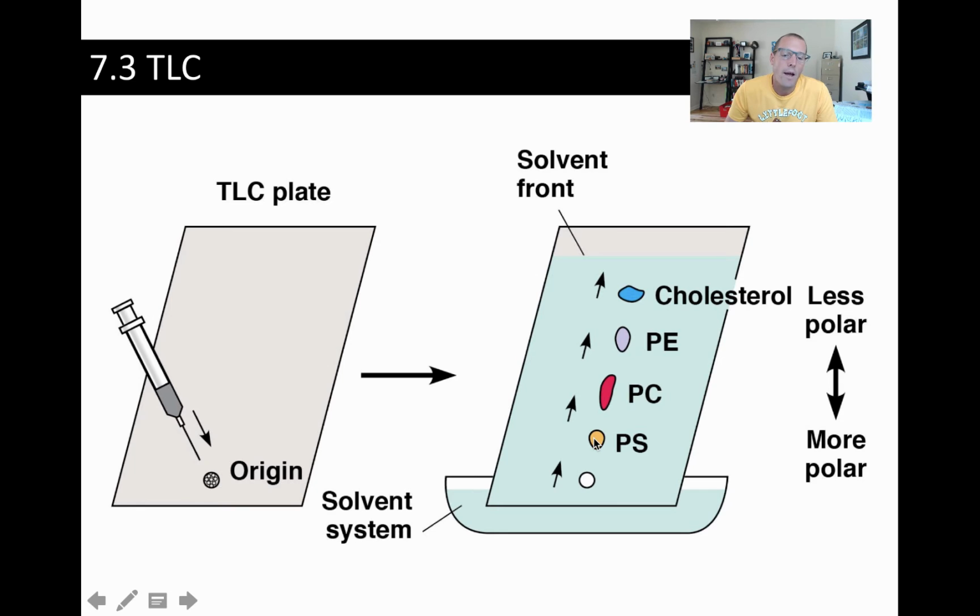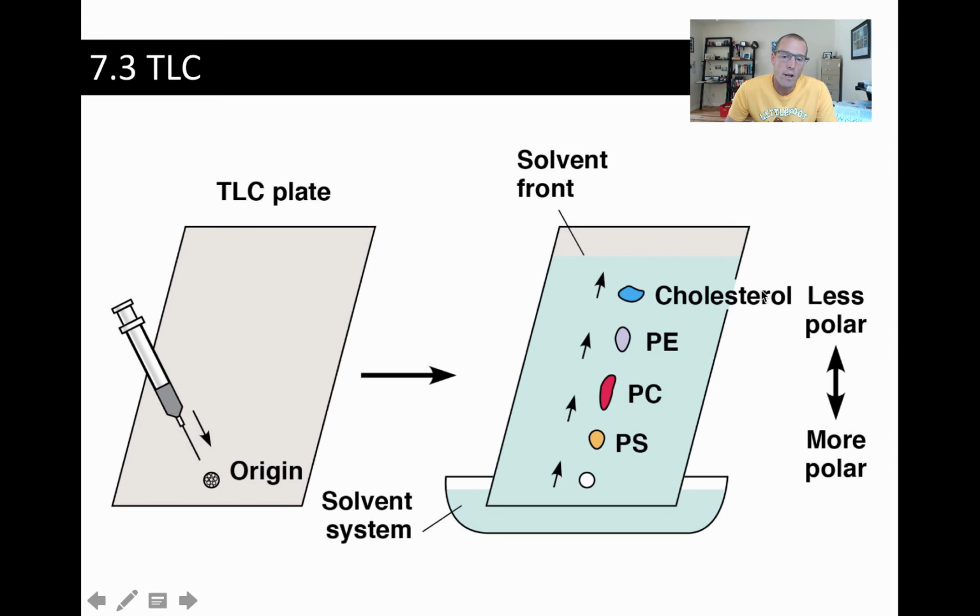And so we can separate out the phosphatidylcholine, phosphatidylserine, the choline, the ethanolamine, and the cholesterol based on their relative polarities. And this is all to do with how the polar head groups in each of these phospholipids and the single hydroxyl in cholesterol interact with the silicic acid in the plate.